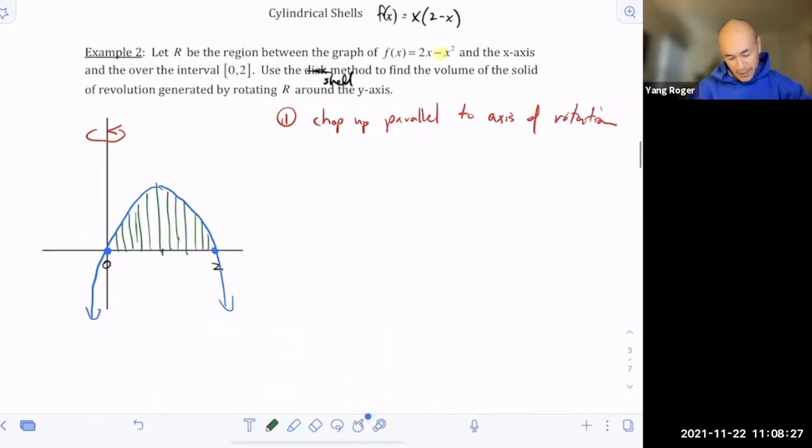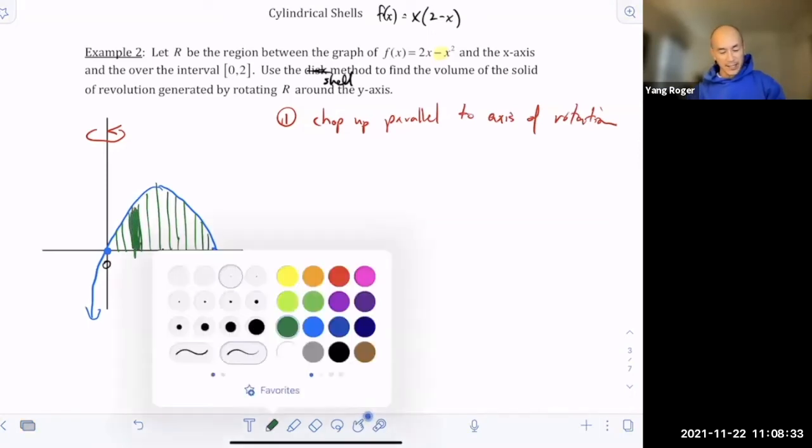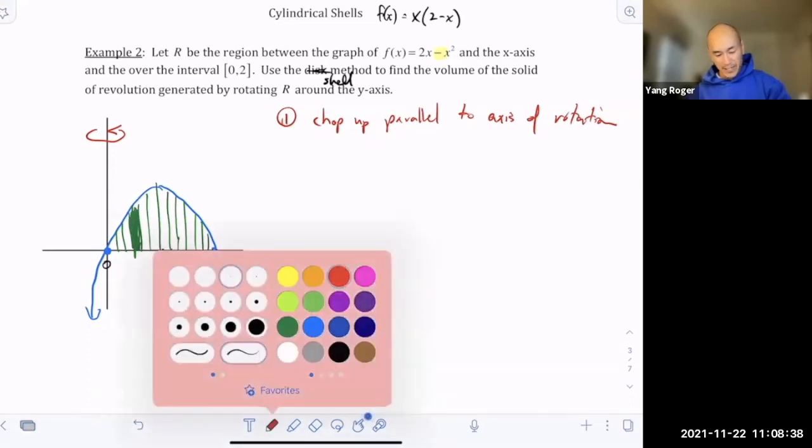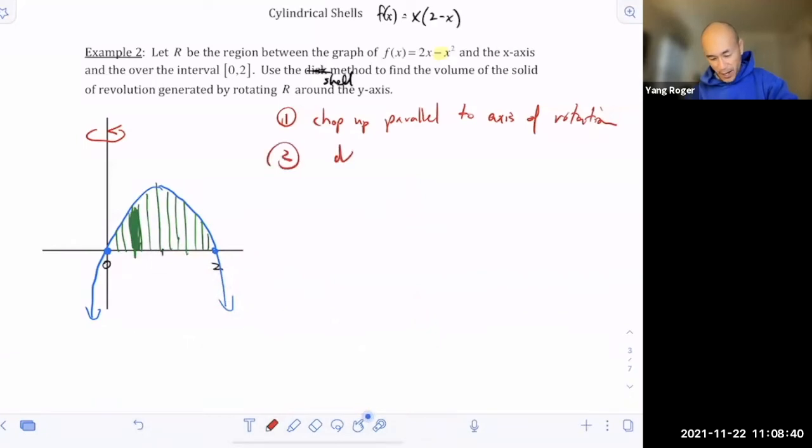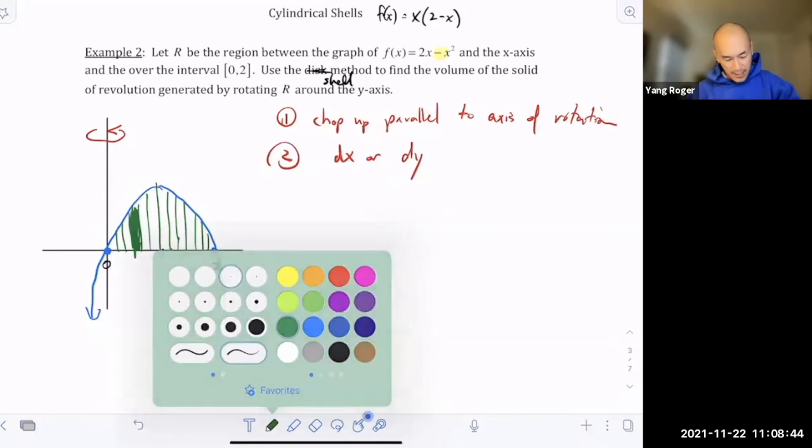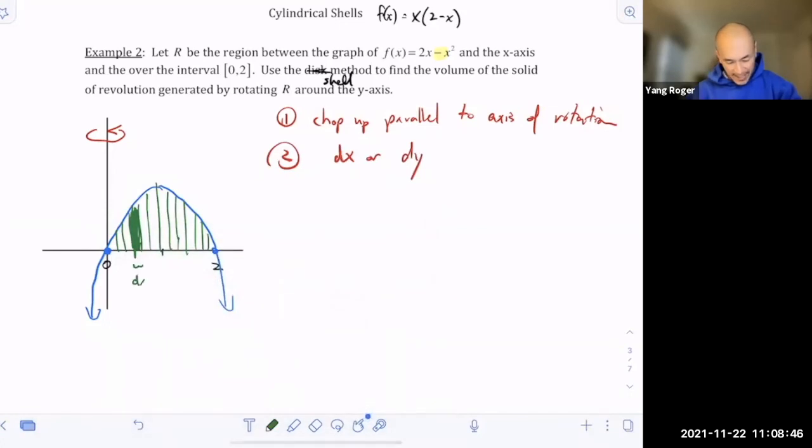I don't know if this is valuable, but you could shade this part in. Actually, let me write the second step. Second step is dx or dy. When I look at this, that little bit of thickness lies on the x-axis, so that's a dx type thing, dx.